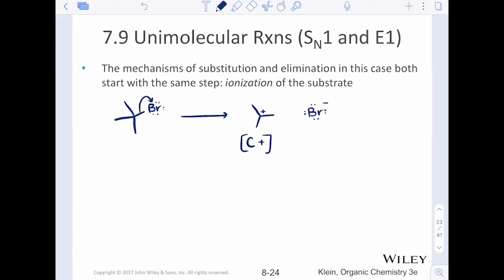Primary and methyl carbocations rarely form. What we are going to see is that SN1 and E1 are really good for tertiaries and allylics, but secondaries can also undergo them, kind of, sort of, not very well. They're really slow, but rearrangements can occur to help stabilize those secondary carbocations.